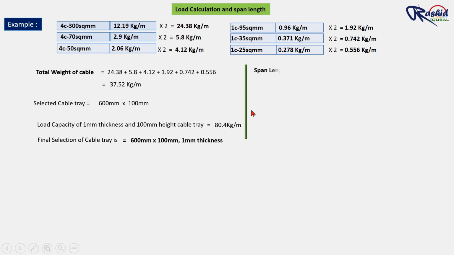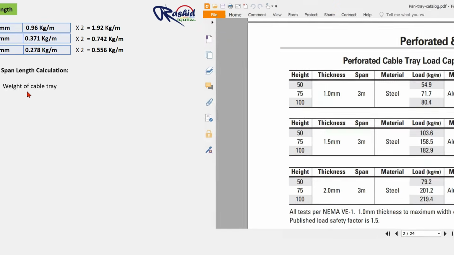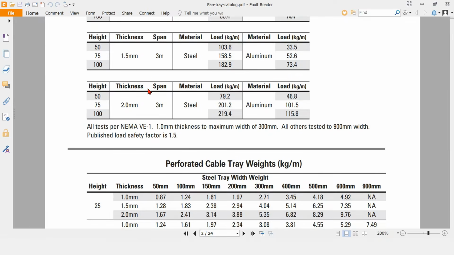Now finally we will calculate the span length, which means the distance between two supports. To find this, we must consider not only the weight of the cable but also the weight of the cable tray itself. From the catalog, we can check the weight of the cable tray. Now we have to check the cable tray weight.